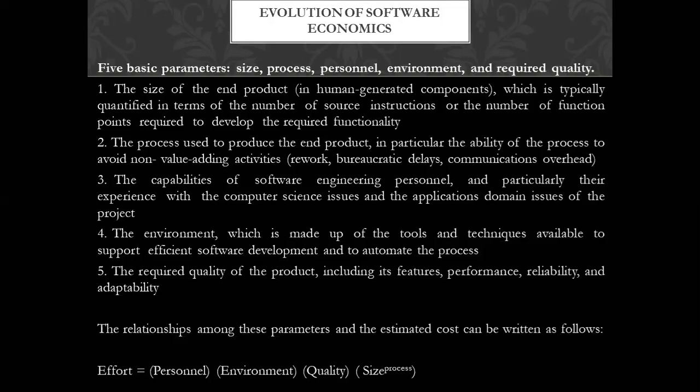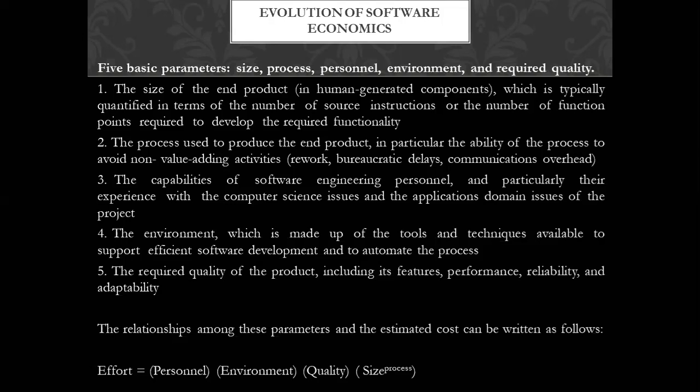So here, what you have to remember till now, I will not complicate this part. What you have to remember till now is that we are talking about some of the factors on the basis of which the complete project will get evaluated. So some of the factors are these, and the relationship among these parameters can be written as follows: the total effort that will be put into the development of the project will get evaluated by utilizing this formula.